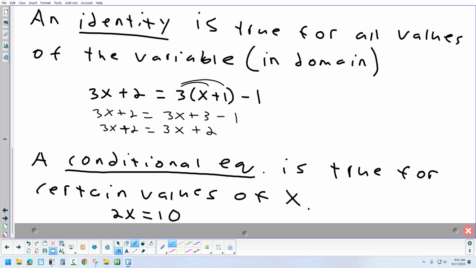So in this case, what would be the condition that would make it true? So what would be the condition that makes that true? If x equals 5. Yeah, if x equals 5. Perfect. Yep. Okay, so that's a conditional equation.